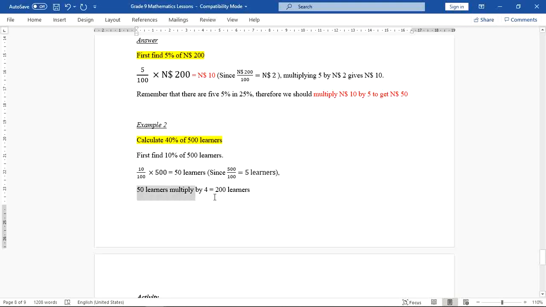That is the answer. 40% of 500 learners represent 200 learners.